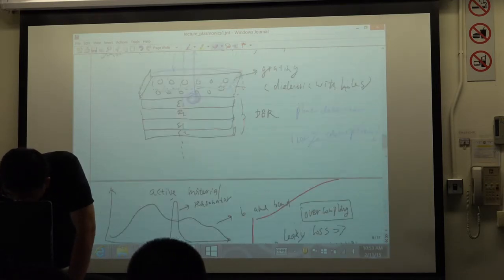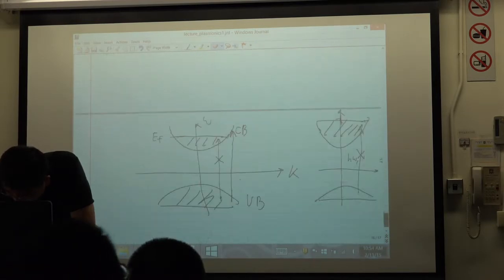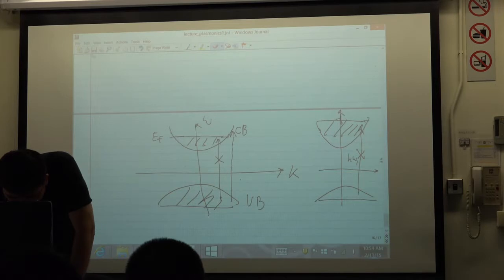This is an emerging, very hot topic because people study plasmonics in other materials, so be careful. I call this h-bar omega 1, and I call this h-bar omega 2.